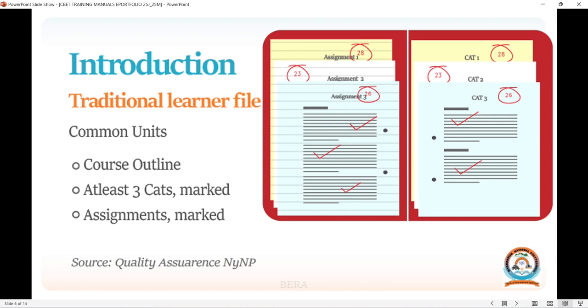And then after filing, the next section is going to be for the common units. Let's say you file all the basic units, then you follow with the common units. Then you do the same thing: you provide the course outline for that unit, at least 3 cards, which have to be marked. If you have assignments, you can include them there.